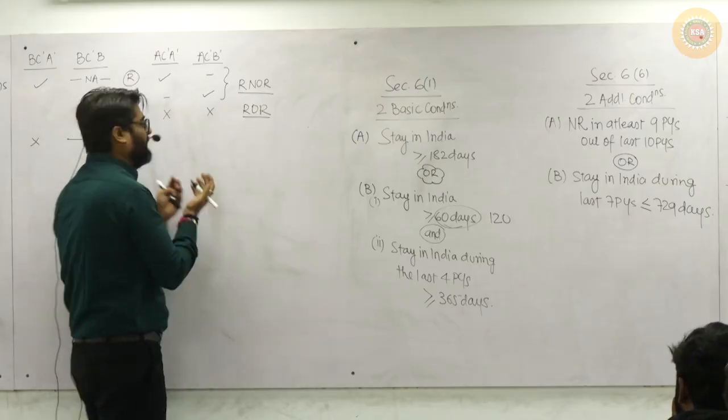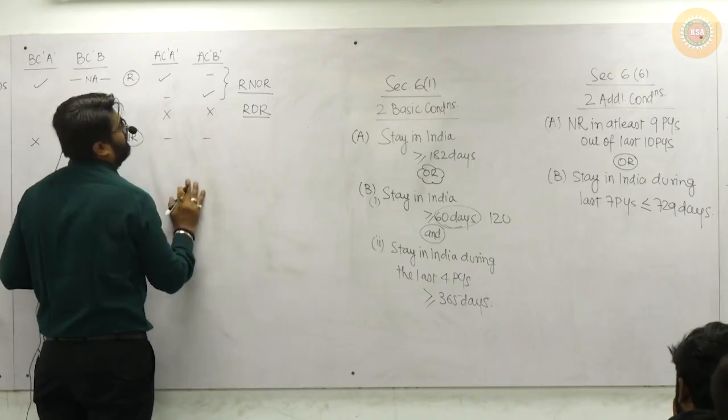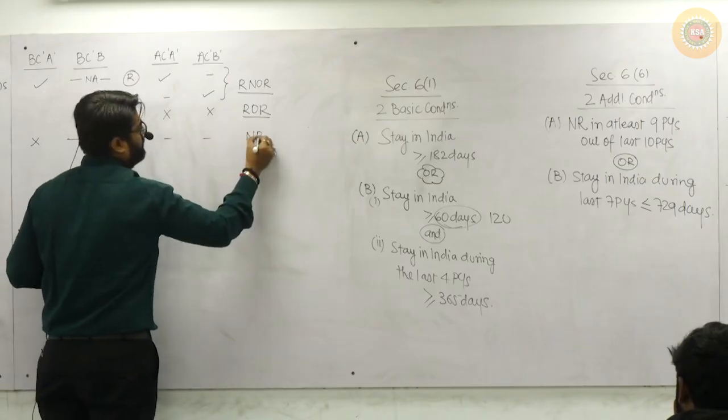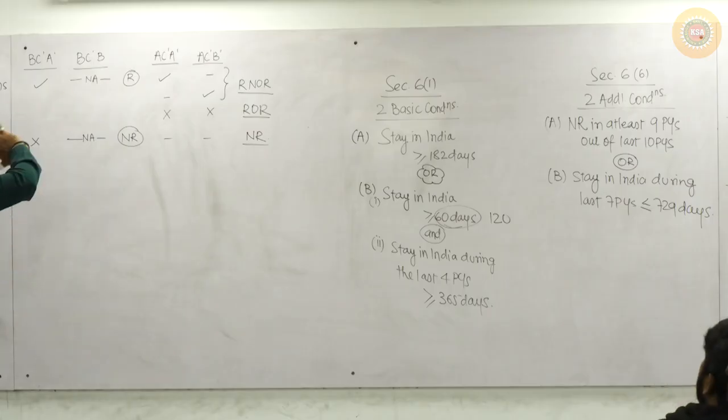Now these additional conditions will have no relevance, because your status is already decided. You will go to additional conditions only if you become a resident. And if you are not becoming a resident by satisfying basic condition A, we are not going to check additional conditions. Understood, sir? These are the 3 exceptions in full.